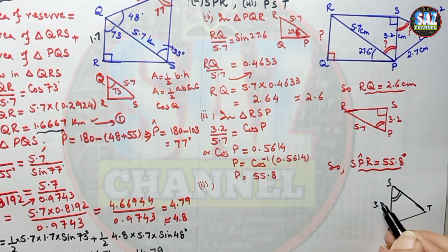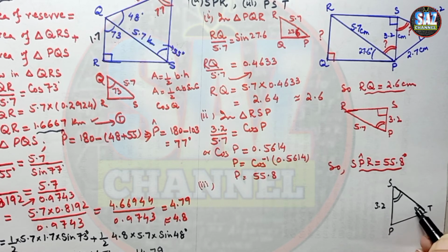This side is 3.2. The angle in front of this is 64.2 degrees in the book, and this side is 2.7.